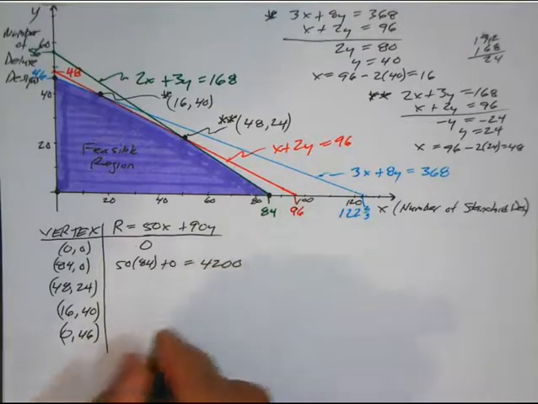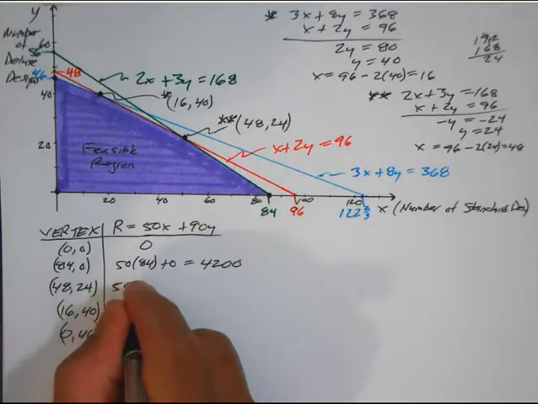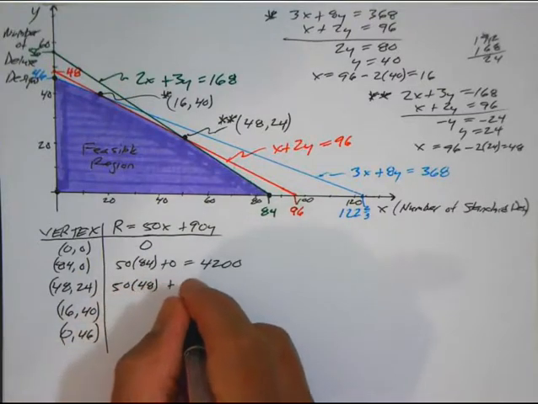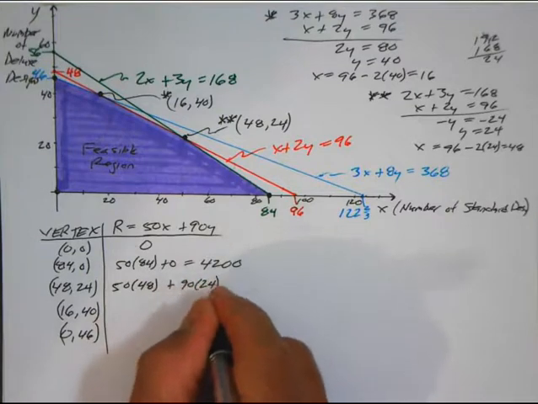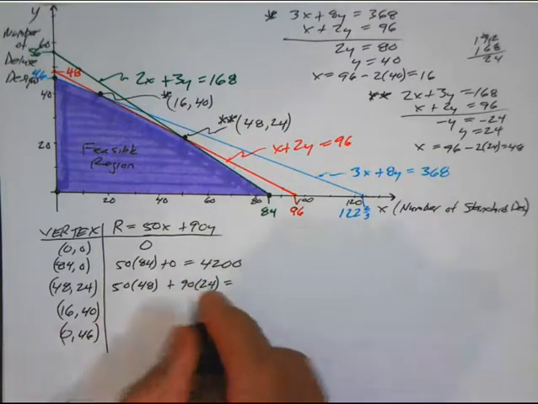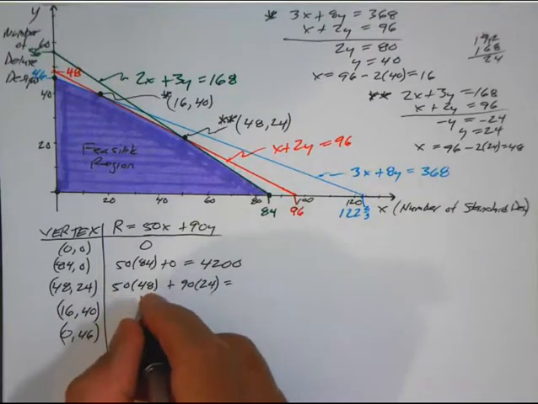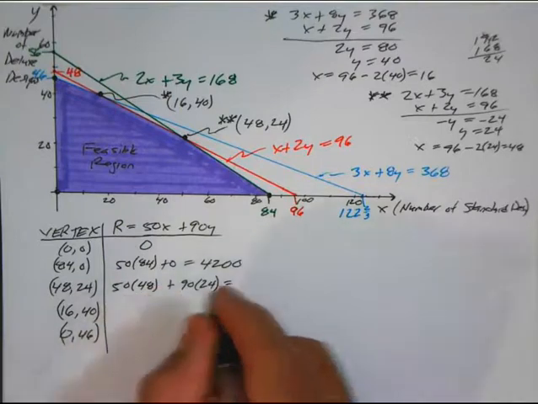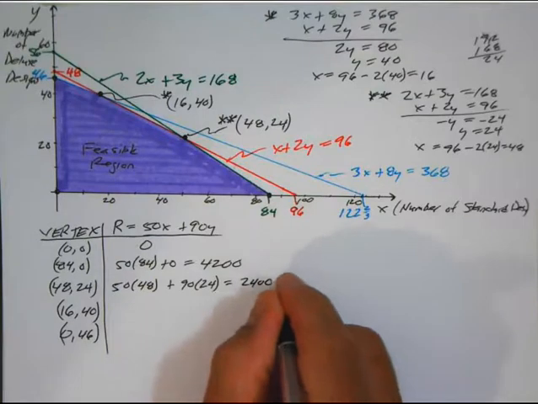Next, at this vertex, we got to compute 50 by 48 plus 90 by 24. Okay, 50 by 48, again, just do 100 by 48 and then take half the result. So that would give us 4,800 and half, 2,400, plus 90 by 24.